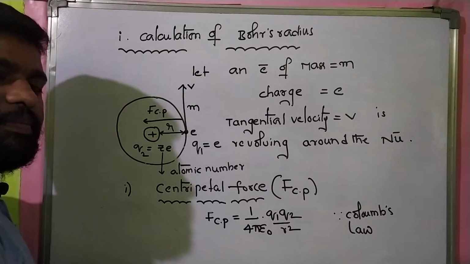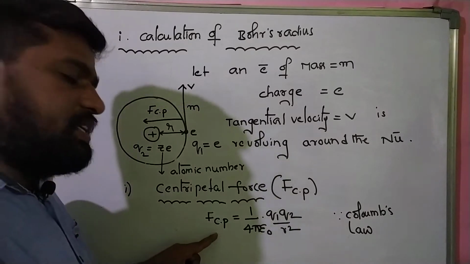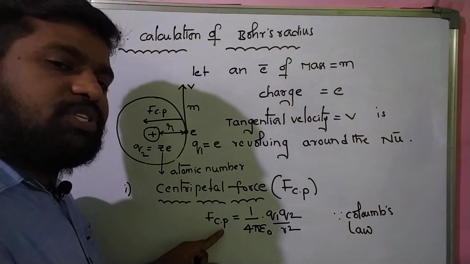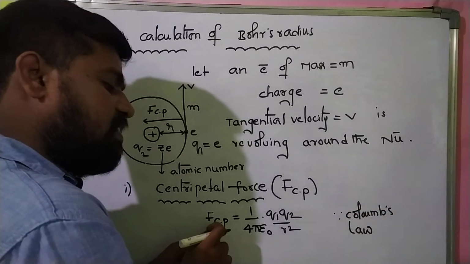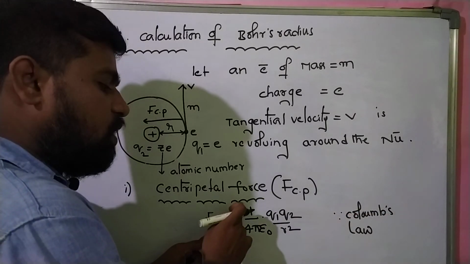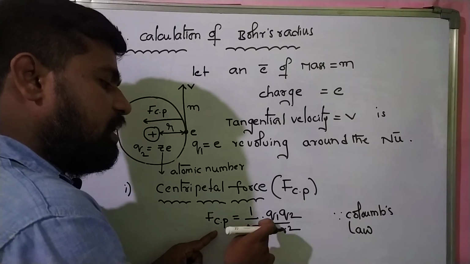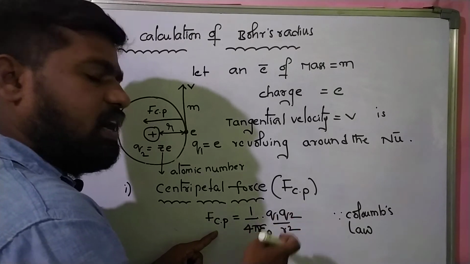Very important formula. Centripetal force means the electrostatic attraction force according to Coulomb's law is given by FCP equals 1 by 4 pi epsilon naught into Q1 Q2 by R square.